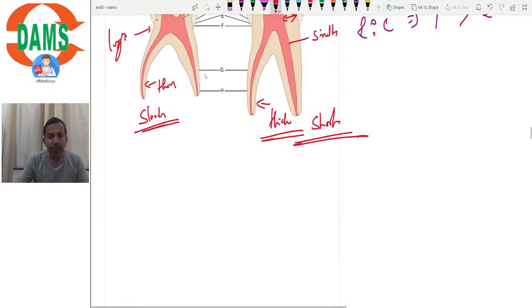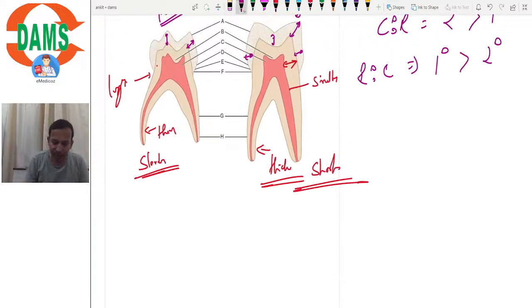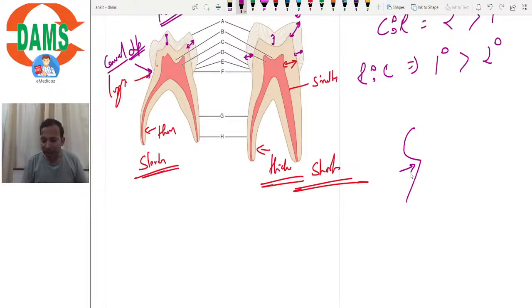Is it clear? Also, another striking feature that you would notice is this cervical dip, which is seen just beneath the cervical curvature of the crown. So just beneath the cervical curvature, you will have this cervical dip that is seen in the primaries, whereas in the permanent, this cervical curvature is not as prominent, and therefore the constriction here is not as prominent.